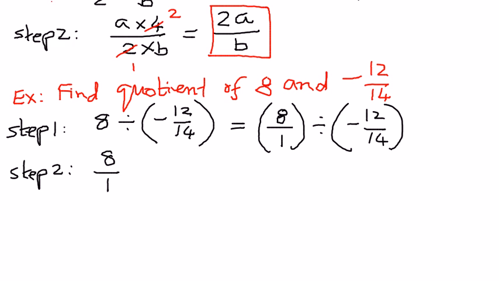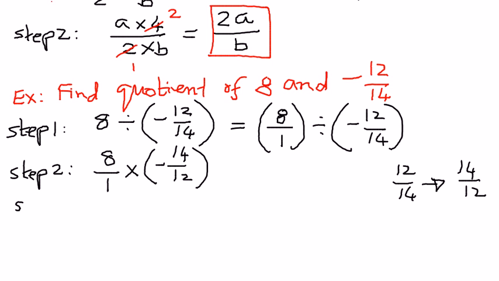We change the division symbol into a multiplication symbol, and then we convert this 12 over 14 and then write it out as its reciprocal. The reciprocal of 12 over 14 is 14 over 12, like that. Therefore we're going to come back and then write this one as negative 14 over 12.